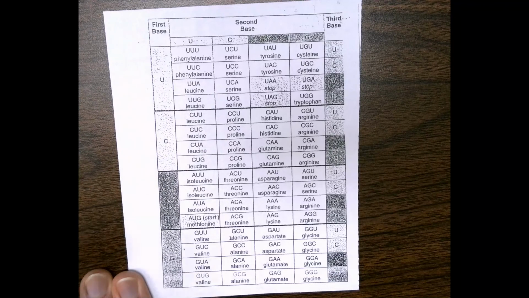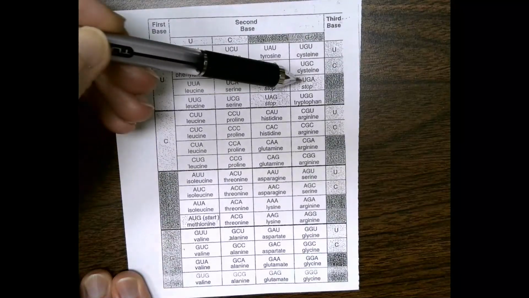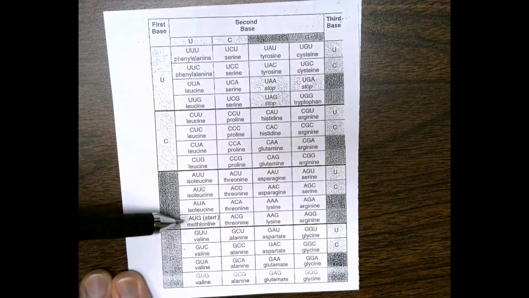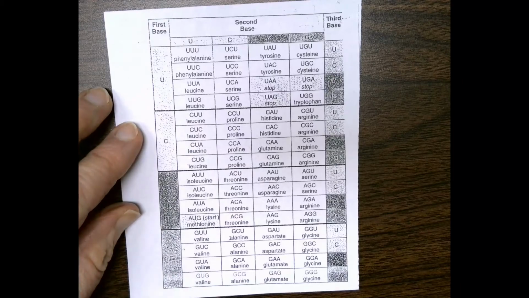Okay, some of them do not. Like aspartate is also known as aspartic acid. Right, there's a few that are not going to end in the INE, but most amino acids do. There's your 3 stops up there, UAA, UGA, UAG. This you just need to memorize that AUG always codes for methionine and starts protein synthesis.